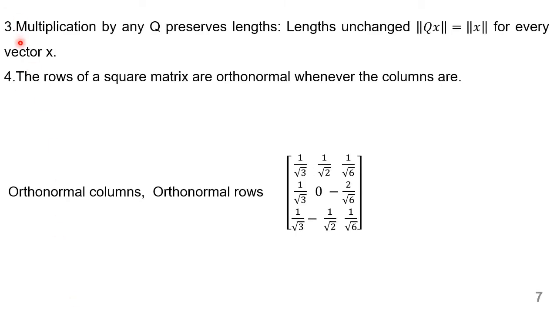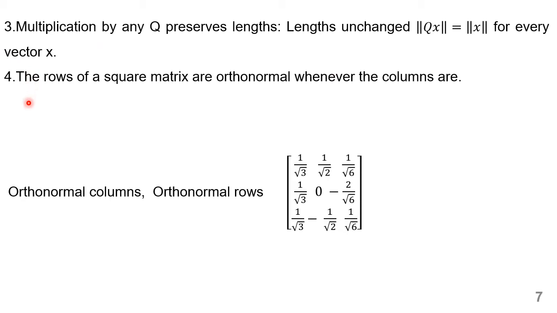The third characteristic is that multiplication of any vector x by Q, the orthogonal matrix, will not change the length. Length will remain unchanged. That means the length of Qx is equal to the length of x for every vector x.